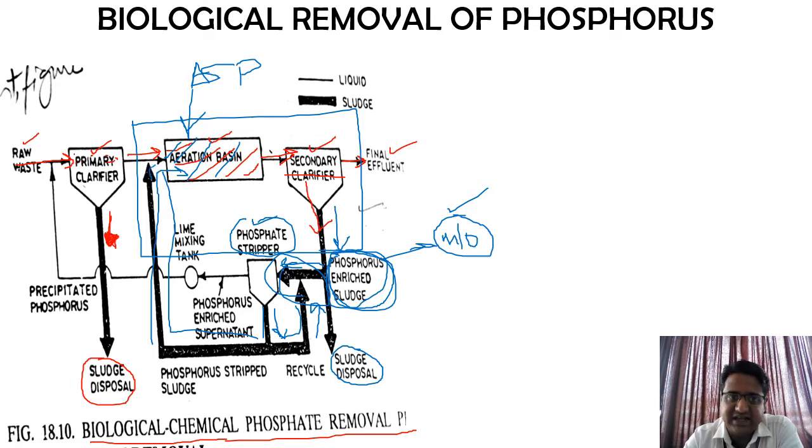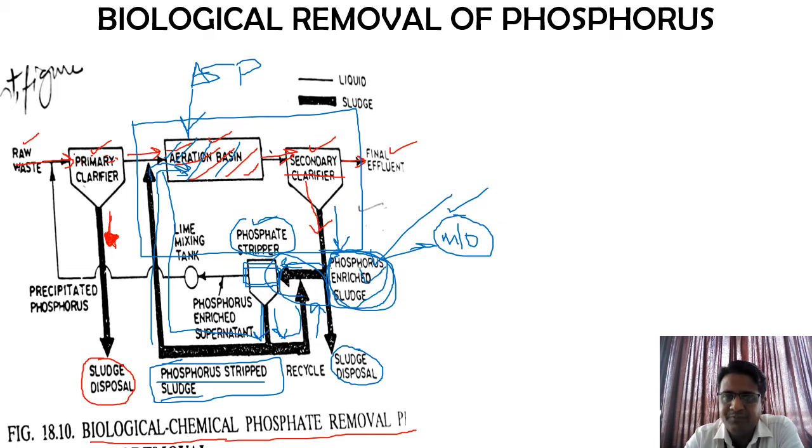Here it is phosphorus enriched sludge, and here it is phosphorus stripped sludge. The concentration of phosphorus in this will be less, because in the phosphate stripper the supernatant liquid is going to have more phosphorus.